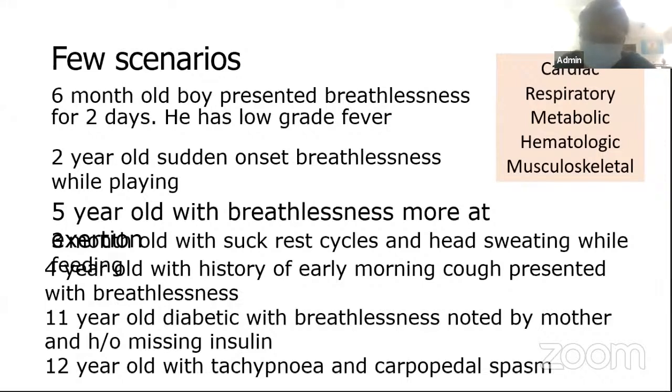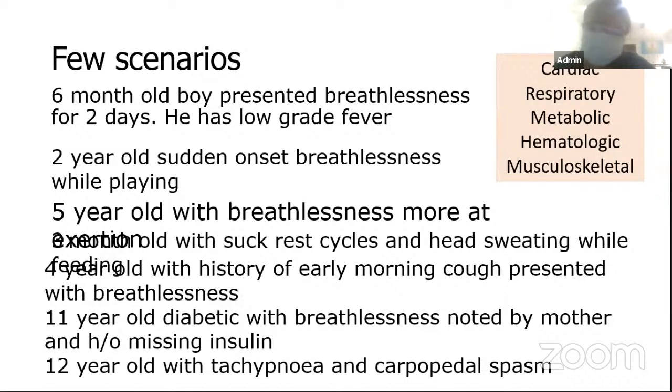If a patient presents with a history of early morning cough and breathlessness, the likely system involved is the respiratory system, and the diagnosis is asthma. An 11-year-old boy presents with breathlessness, has diabetes, and also has a history of missing insulin. The fast breathing or dyspnea noted by the parents will be due to acidosis, and the patient may have diabetic ketoacidosis.